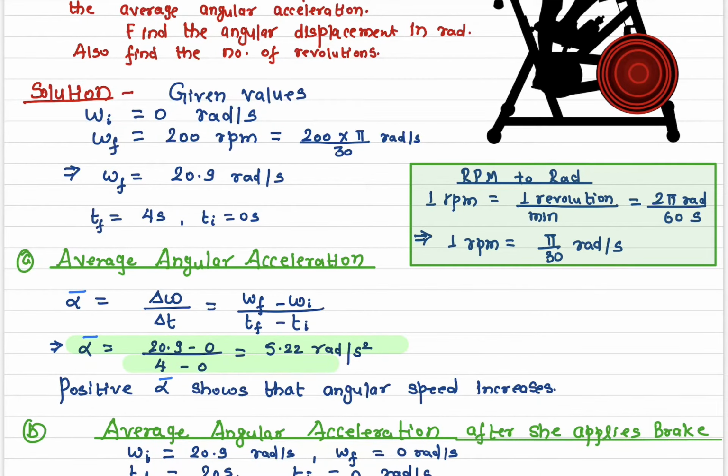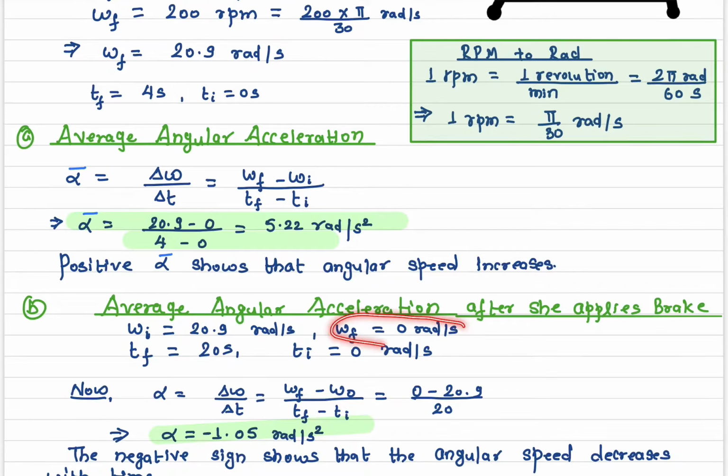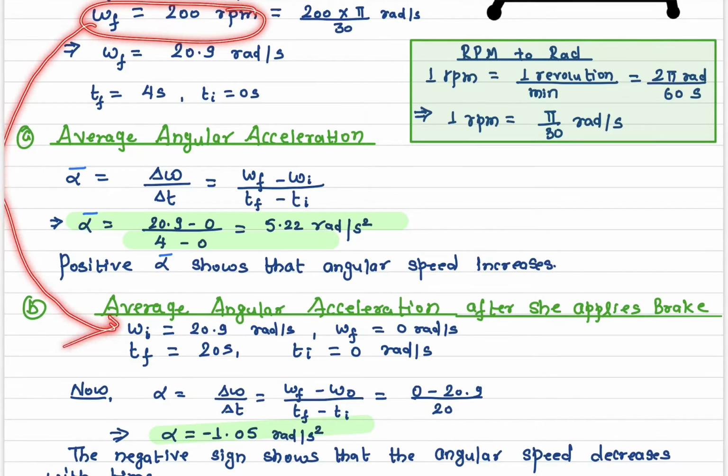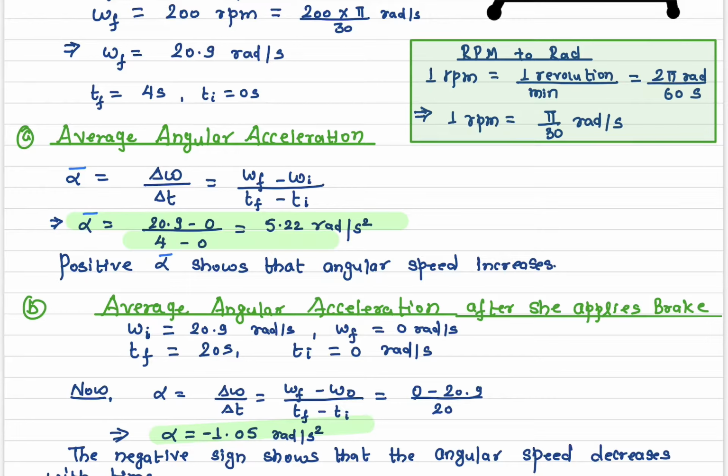Now she applied the brake, her final angular speed is 0. But now her initial angular speed is the final angular speed of when she started speeding up.